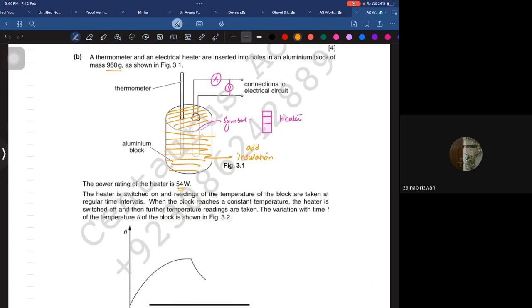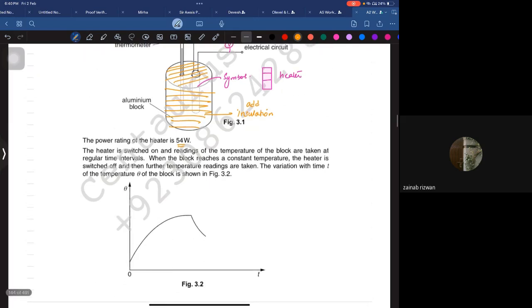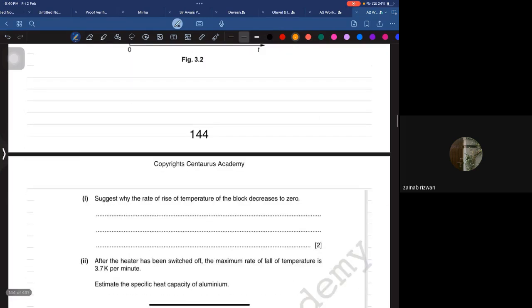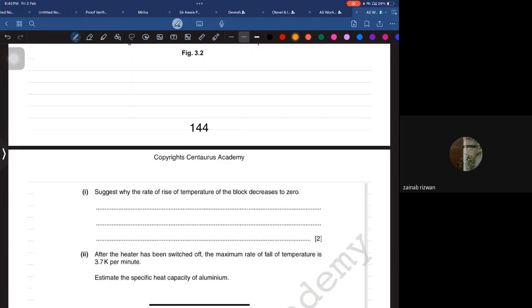The variation with time t of the temperature theta of the block is shown, as you guys can see. So basically they're saying that it increases in temperature. At one point, it becomes constant. Now there's no increase in temperature, right? At this point. And then it is switched off, so the temperature starts to decrease. So we got to know why this is happening, right? It says suggest why the rate of rise of temperature of the block decreases to zero.